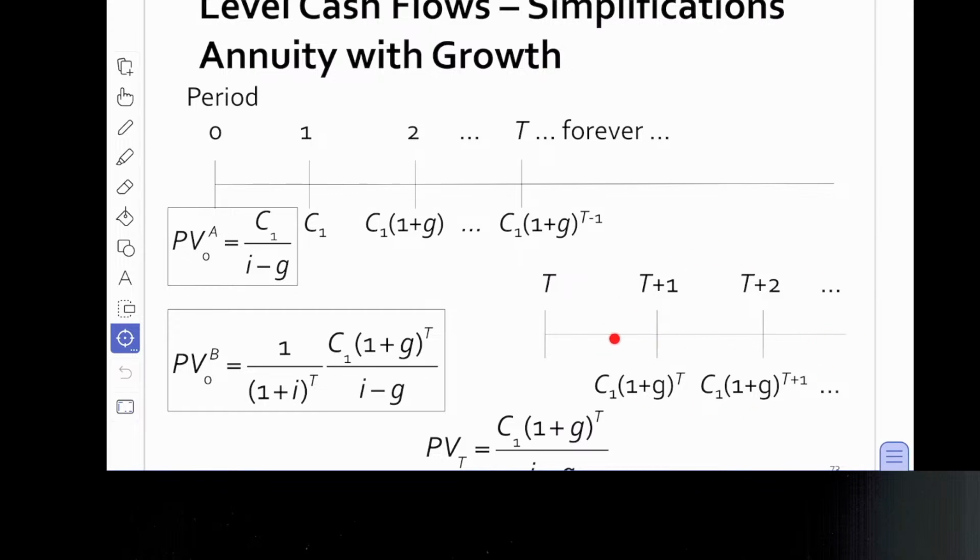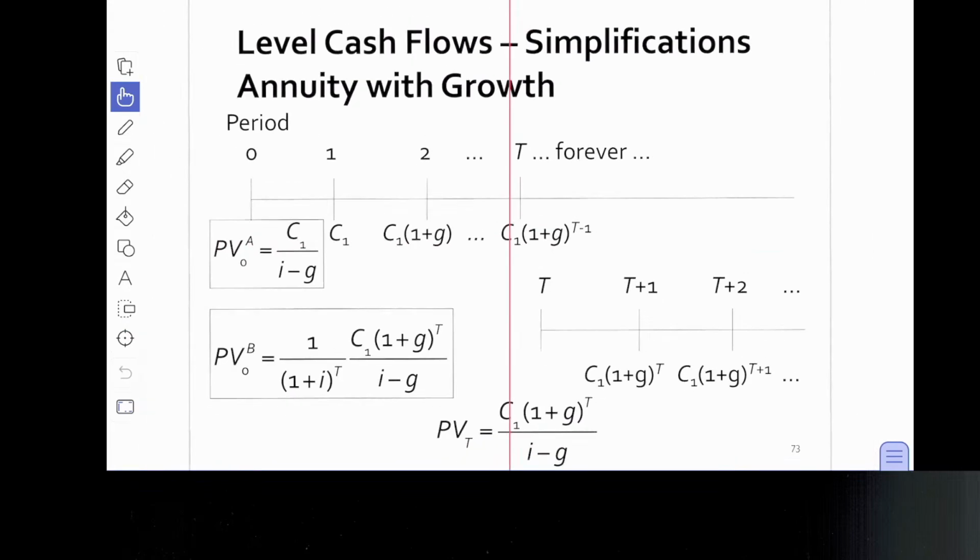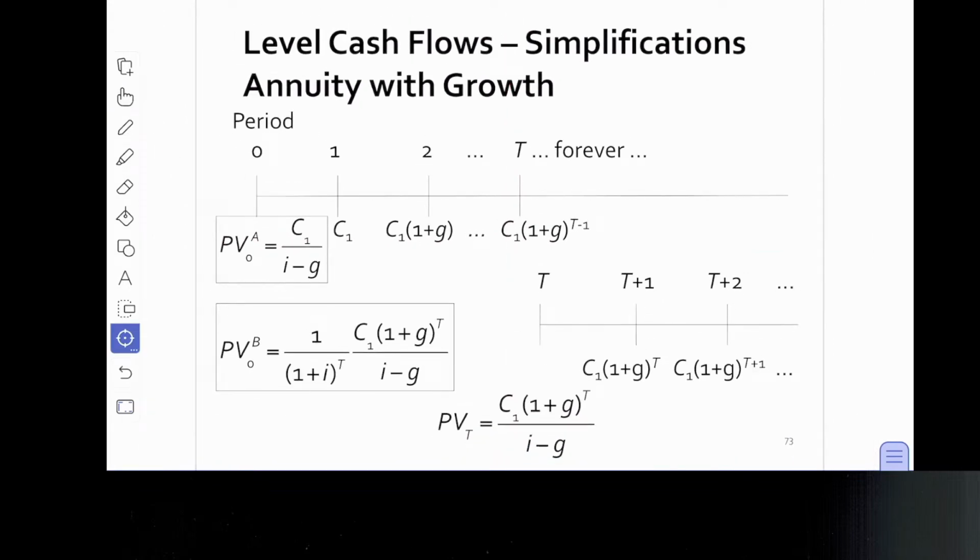And what's the value of these that I'm going to remove? It's also a growing perpetuity. What is the value of the growing perpetuity? So if you look back, the growing perpetuity looks like C1.